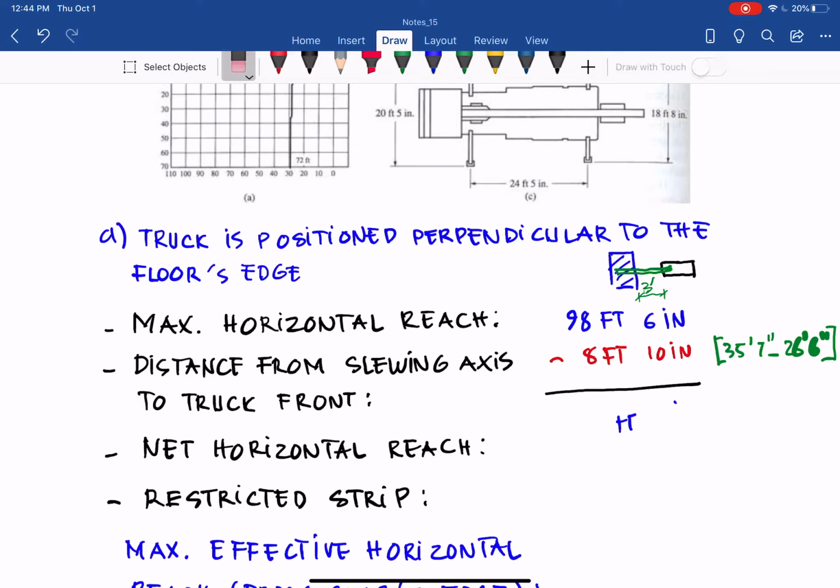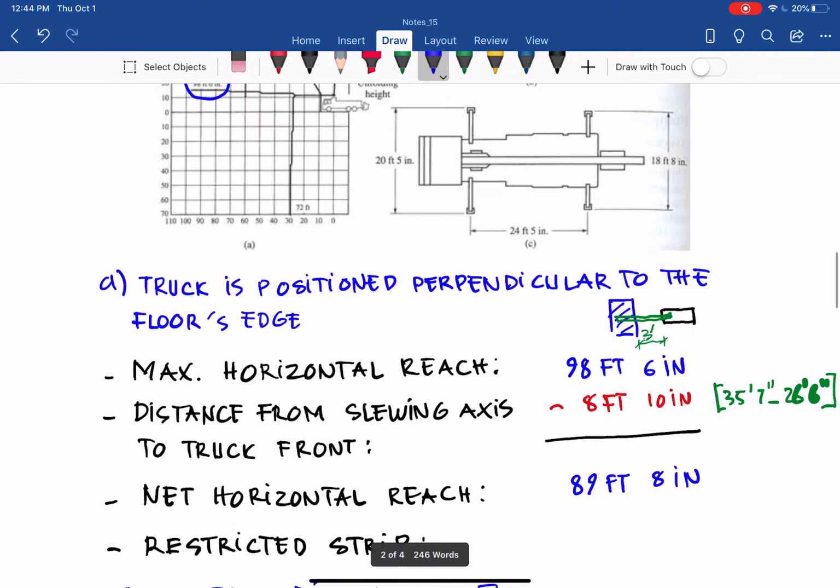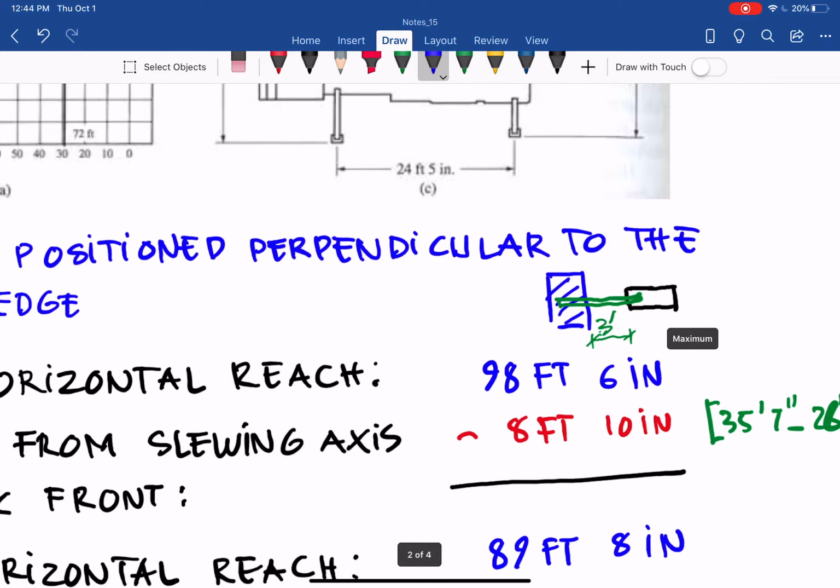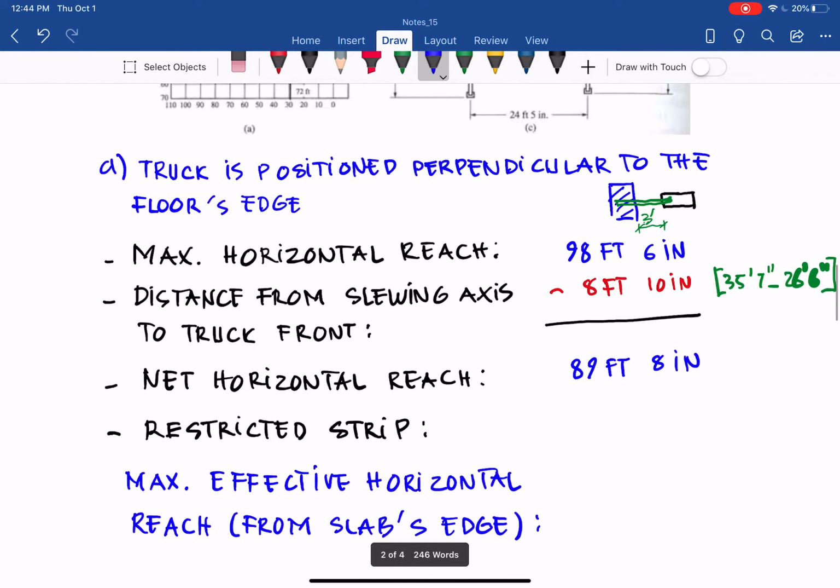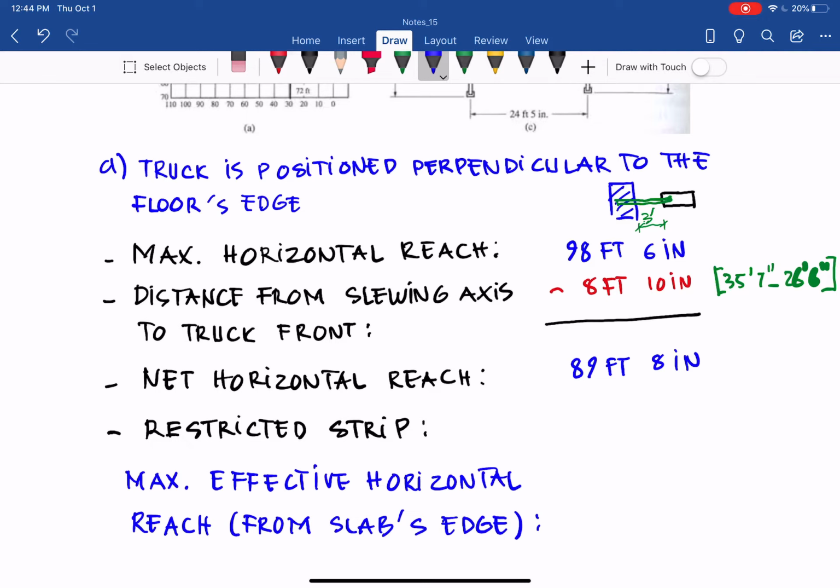And that is the net horizontal reach, 89 feet 8 inches. And we have a restricted strip, 3 feet for the formwork, for the temporary structure, scaffolding. We have to deduct that as well. So we deduct the restricted strip of 3 feet and 0 inches.